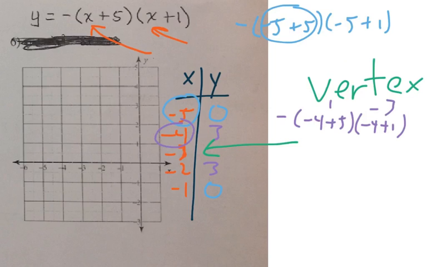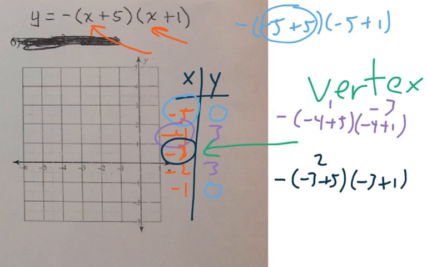We call that symmetry. All I need is one more point, negative 3. Negative of negative 3 plus 5, negative 3 plus 1. Let's see. 5 minus 3 is 2. 1 minus 3 is negative 2. I get negative 2 times negative 2, which is positive 4.